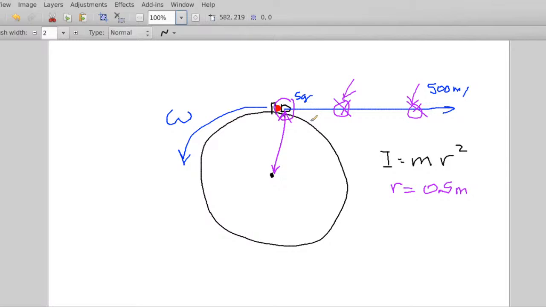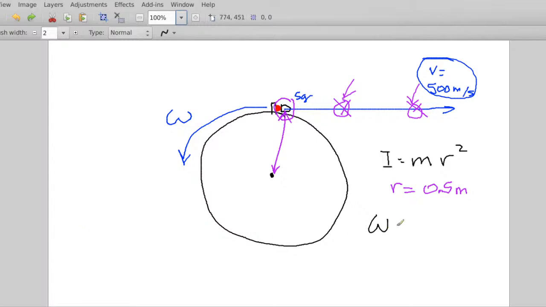Now the next one is omega for the bullet. You go, geez, how do I get omega for this bullet? Because the bullet's moving in a straight line at some velocity. In fact, here's the velocity. And you say, well, I've got this velocity, but I need an angular velocity, not a linear velocity. And that's when you realize that there's a relationship between the angular velocity and the linear velocity.